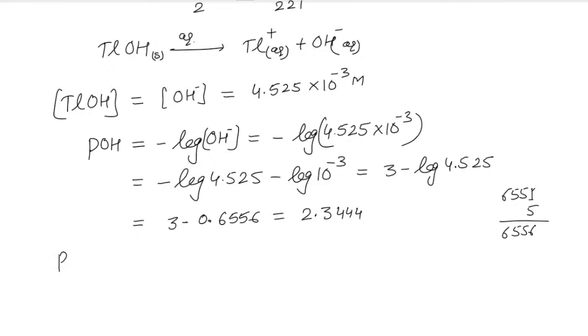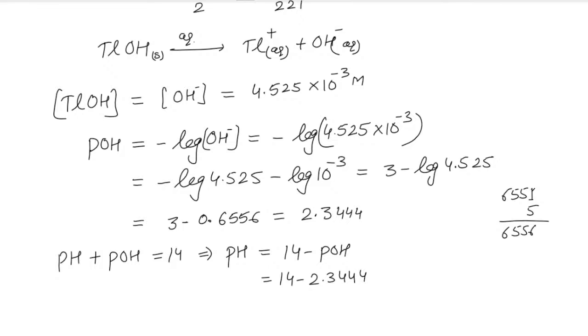So what is pH? We know that pH plus POH is 14. That implies pH is equal to 14 minus POH. So 14 minus 2.3444 is equal to 11.6556.